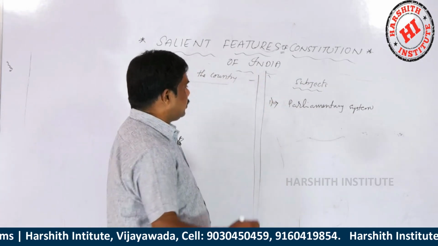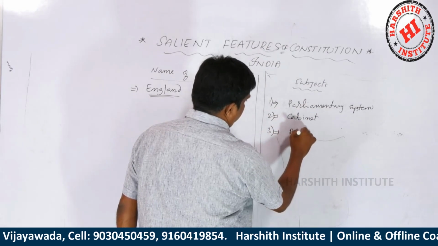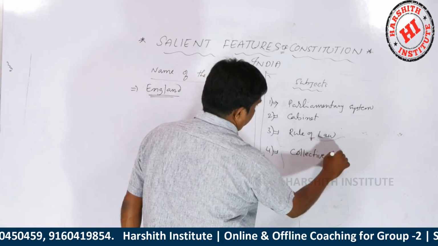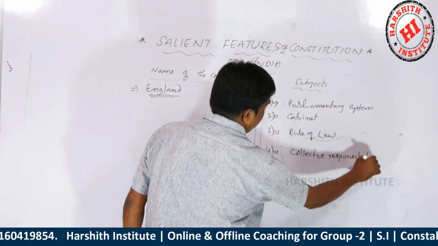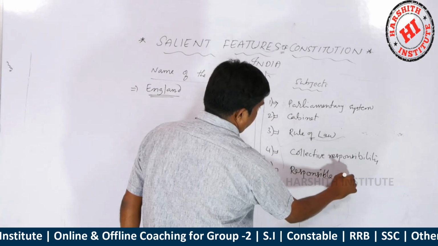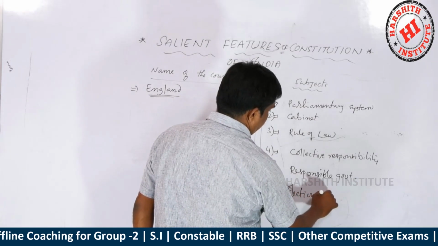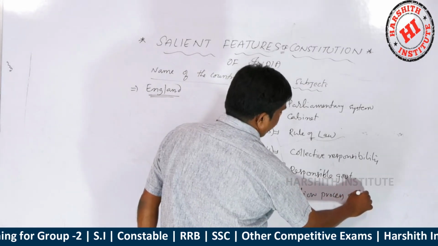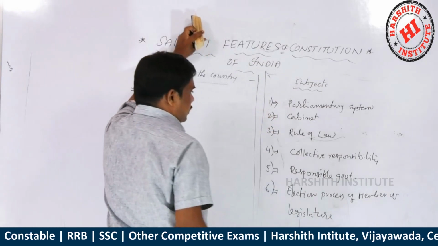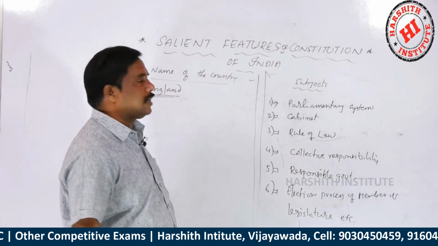So we have taken parliamentary system, cabinet system, rule of law, collective responsibility, responsible government, the election process of members of legislature, etc. There are so many points, but these are some important points from the England Constitution.